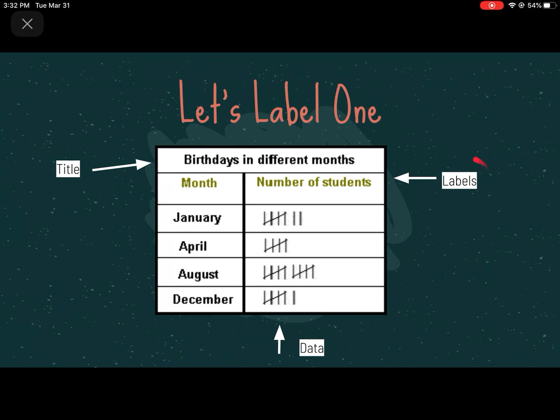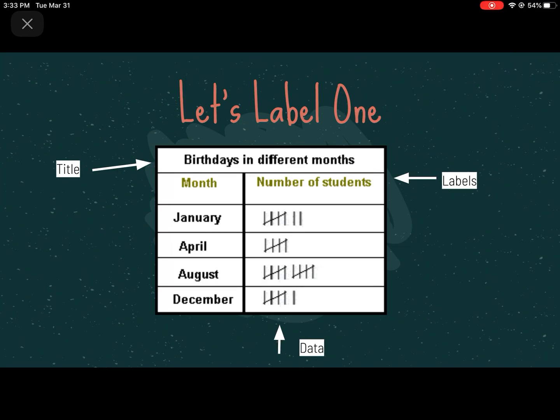Then our next part is our labels. You know, all the way back to the beginning of everything, labeling is important so people know what you're talking about. So our labels in this case are months, and then our number of students. And the last part of our frequency table is the data itself, in this case tally marks for a frequency.